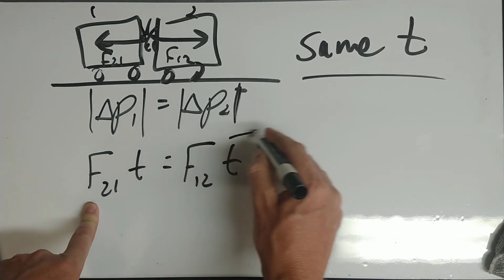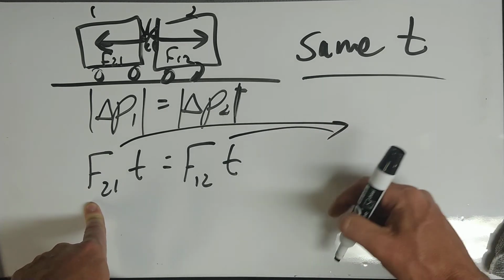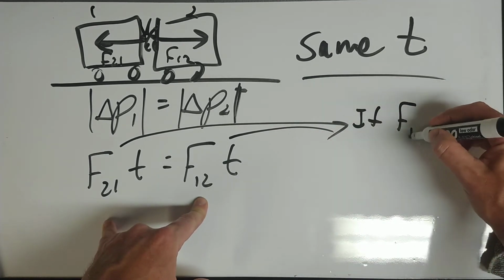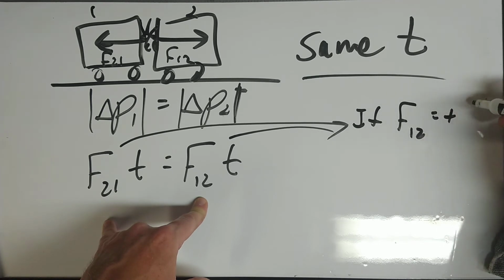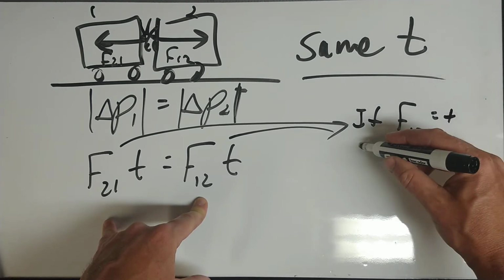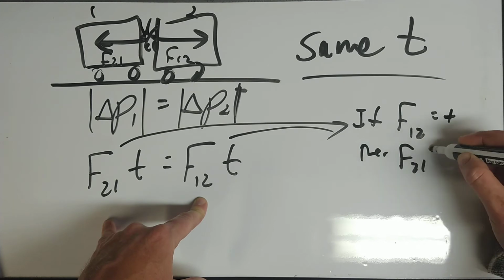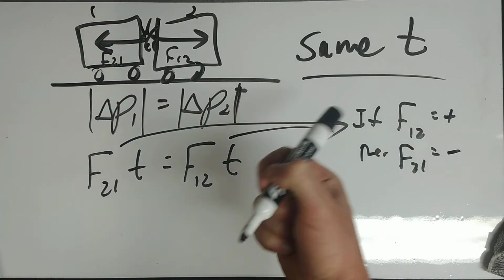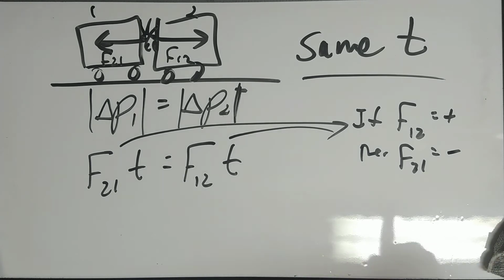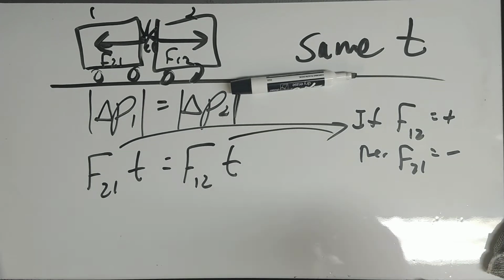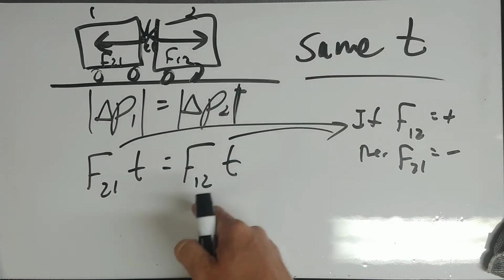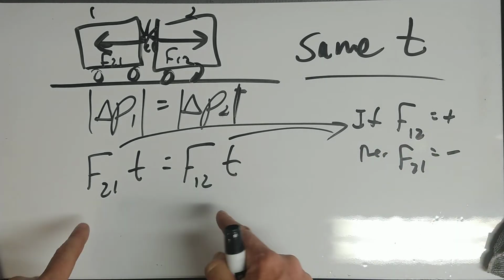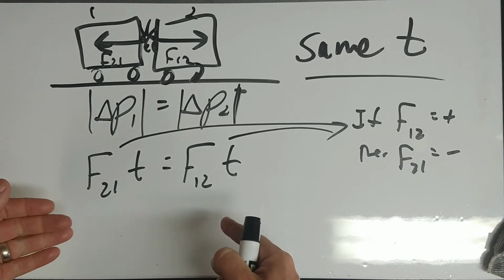But you should note that if F12 is positive, then F21 must be negative, because the contact forces are equal and opposite in direction. So the changes in momentum are equal and opposite.